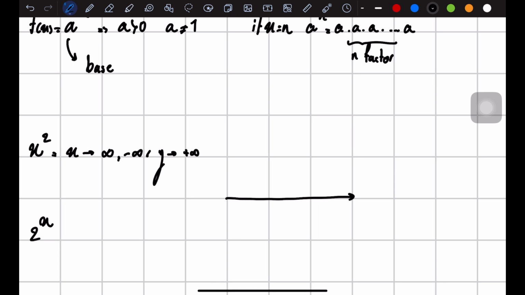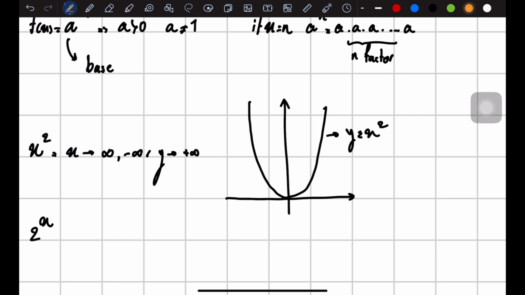So first, that's our function. Let's show x to the power of 2. As you know, it would be something like that. This is y equal to x squared. Now let's show the exponential function.